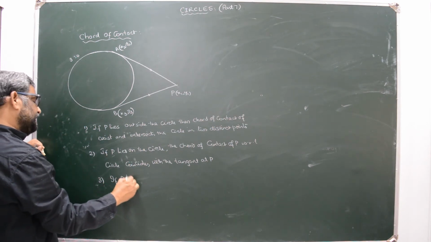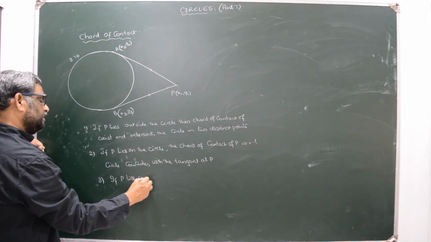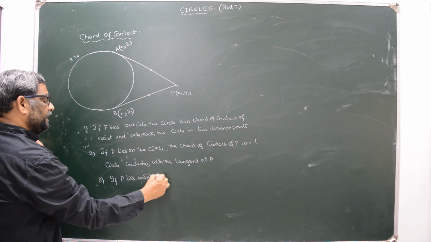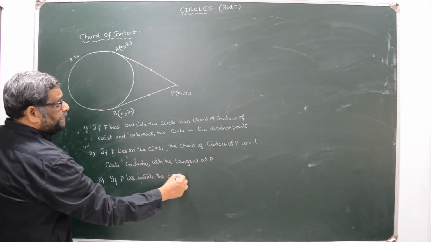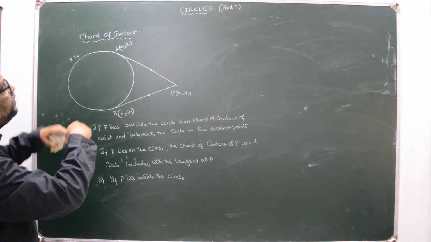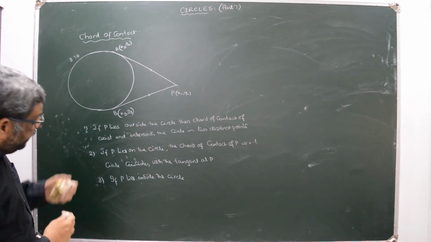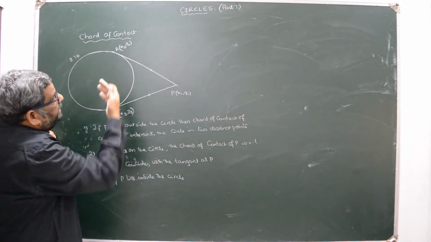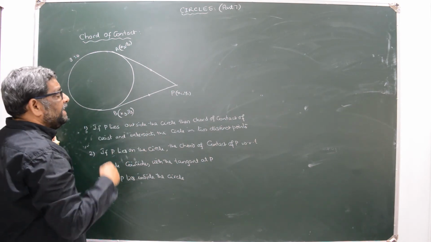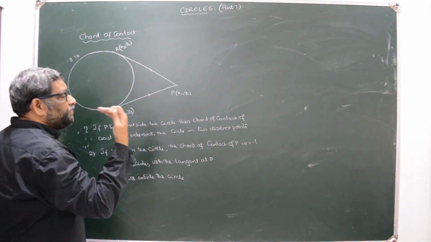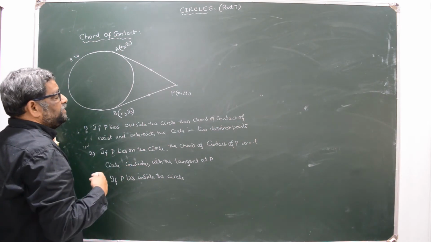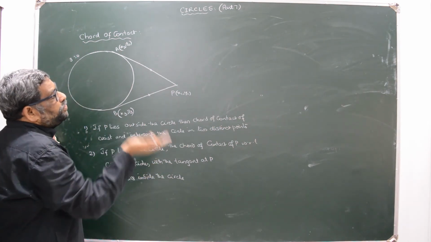Now the third point. If P lies inside the circle, there is no possibility to draw any tangent. If you can draw any tangent, then only we will see whether two tangents are possible from the point or only one tangent is possible. If the point is outside, two tangents are possible.